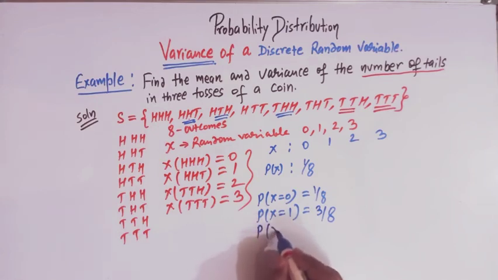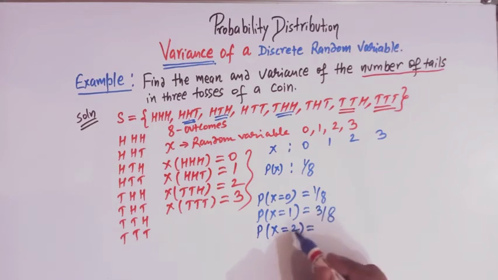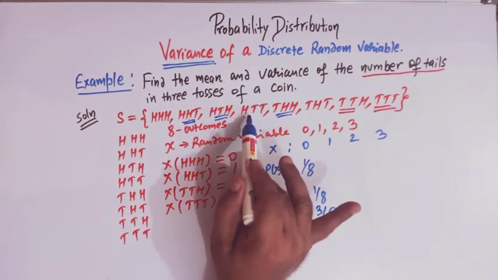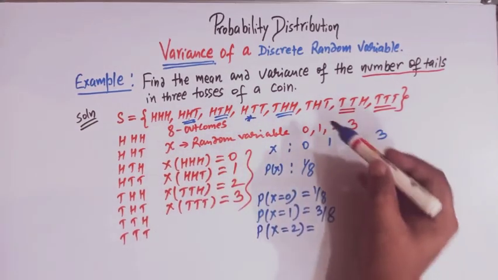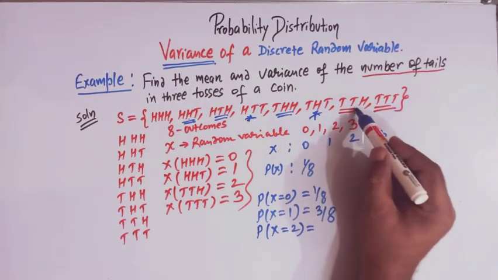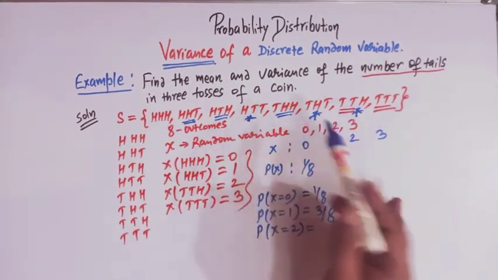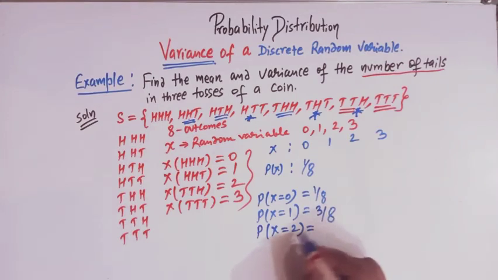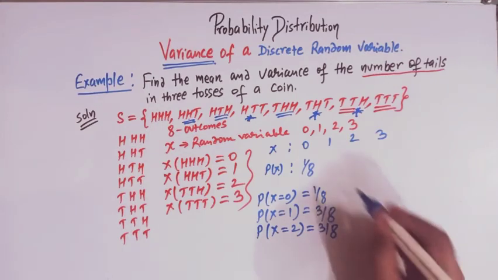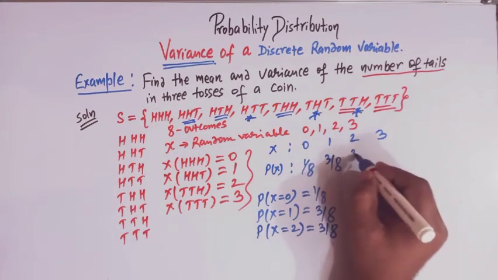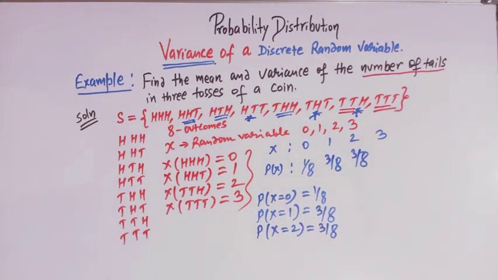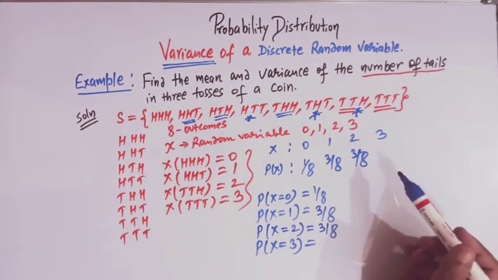Okay, now for p of x equal to 2, it means getting two tails. So two tails can be obtained here and here and here, right? So in 3 ways we can get two tails, so the corresponding probability is again 3 by 8. So here we can write 3 by 8, here also we can write 3 by 8. Clear? And p of x equal to 3 implies getting all the tails, right?